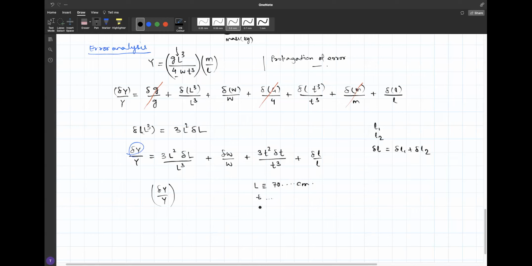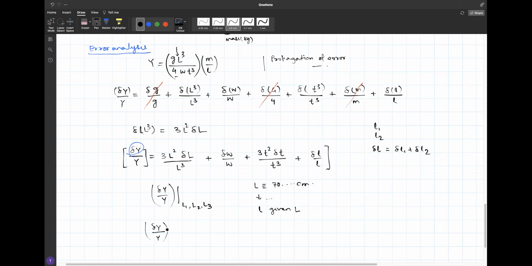And then you also know the least count. L you can take from the graph for a given L, right? And then you do it, let's say, for 3 different L. So you have 3 different values of this L1, L2, and L3. Okay, and then take an average of that. And then you can find out this.